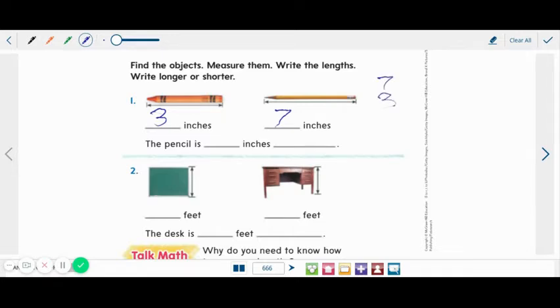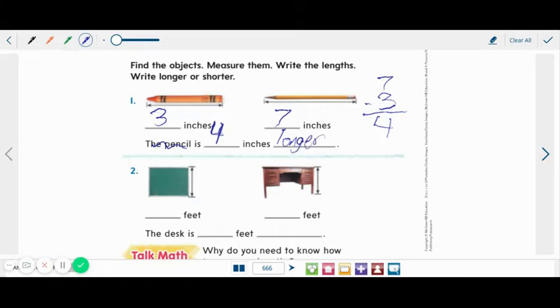So we're going to do 7 minus 3. 7 minus 3 is 4. So how much bigger is the pencil than the crayon? We said 4. Sorry about the writing here. The pencil is 4 inches longer than the crayon. All right, moving on.